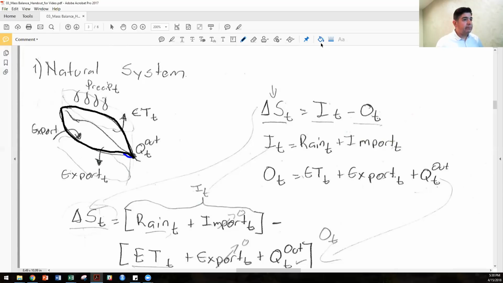And here we have the river flowing in this direction, downstream. Now what we're doing there is drawing our control volume. So what will be our control volume?